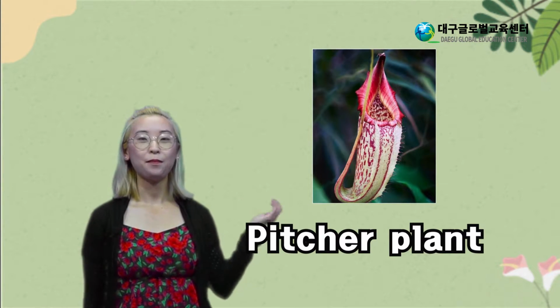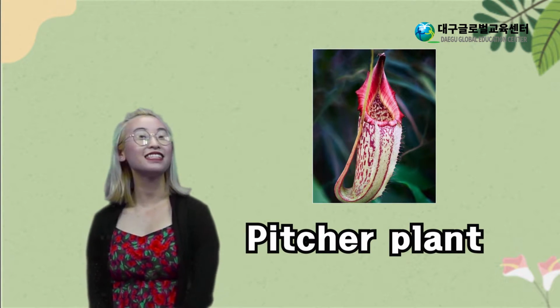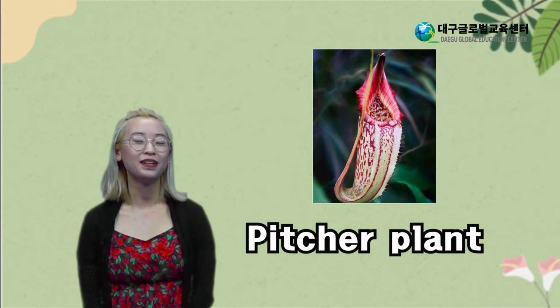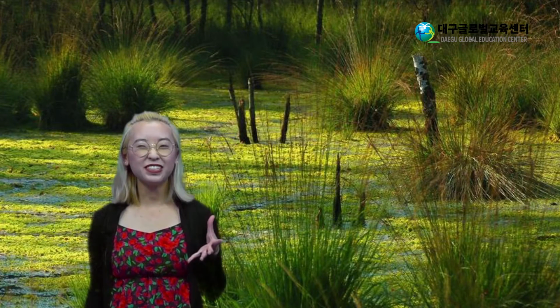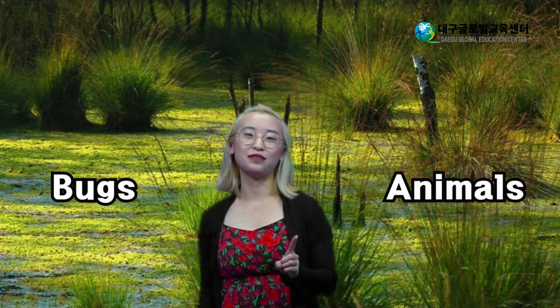Next, we have the pitcher plant. This plant is in the shape of a pitcher. They usually live in mushy wetlands where there's a lot of green plants and the water can be very thick. Now, they eat bugs and animals like mice or lizards.